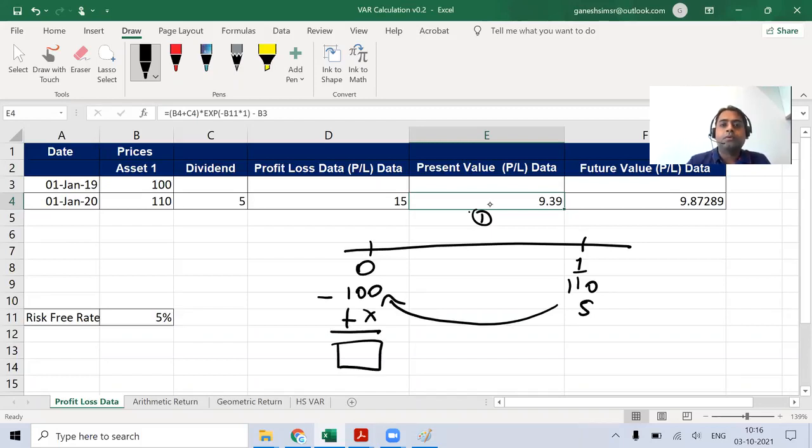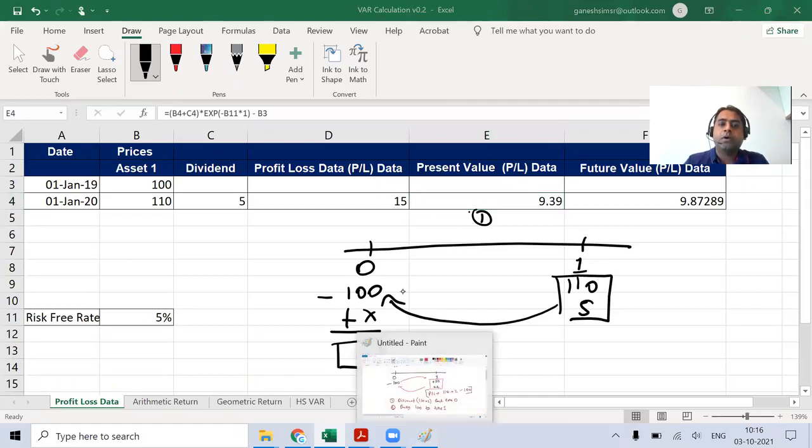I hope you're clear on the query. How will it be equal? I'm not very sure, because when you bring these numbers back, it's obviously not going to be equal to 100, because it's 105, 110 plus 5. Right, Gaurav? Perfect. If there is still a query, let me know, or else we'll address it at the end.